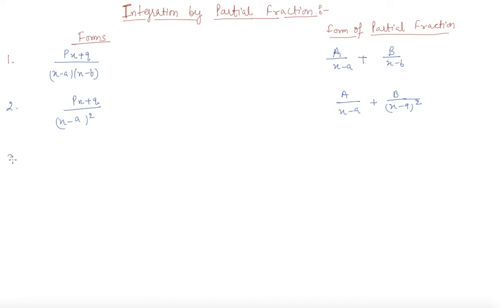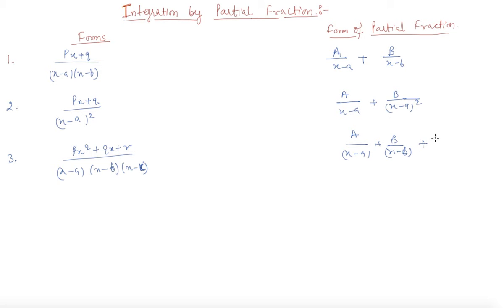Okay students, the third form is px square plus qx plus r, a quadratic given in the numerator, and there are three multiplication terms in the denominator, x minus a, x minus b or x minus c. So we need to adjust each fraction separately.